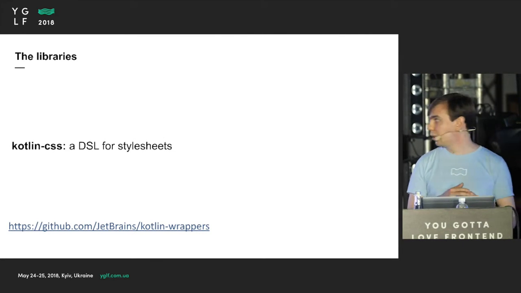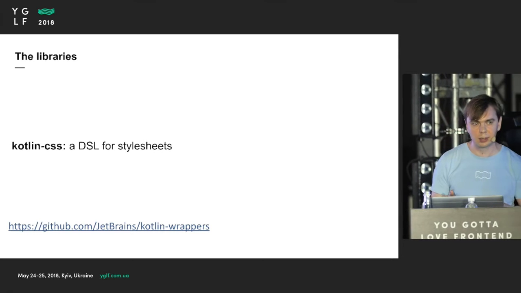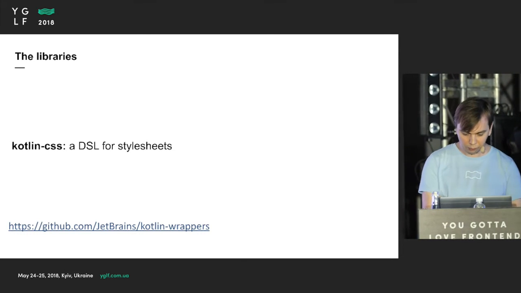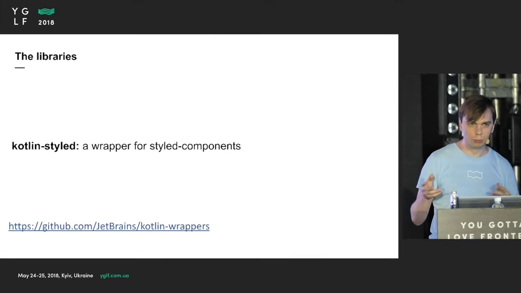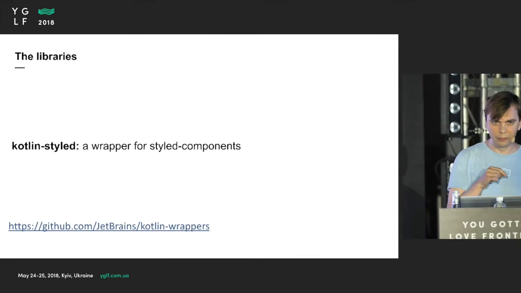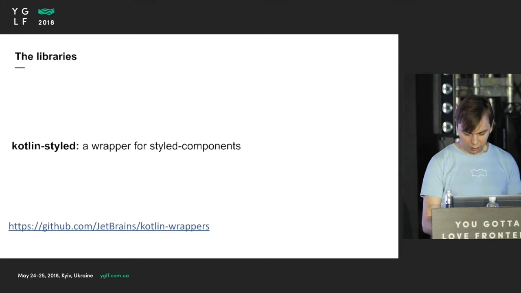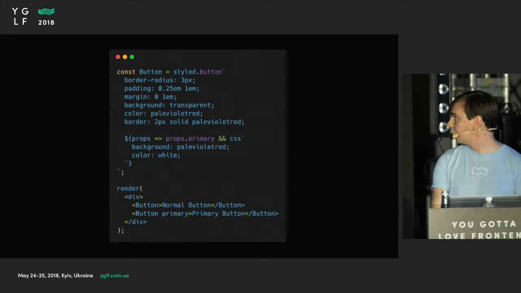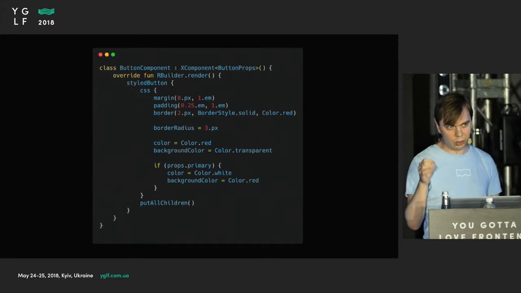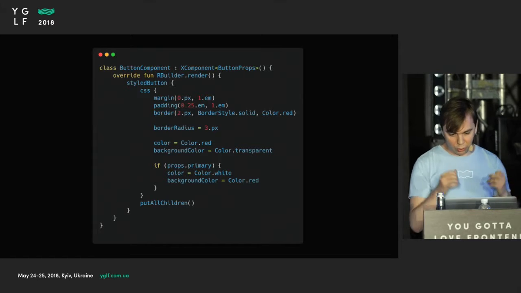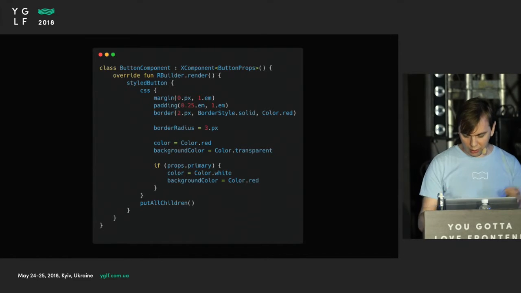And the second library is Kotlin CSS. It's a DSL for creating style sheets. And the third one is called Kotlin Styled. It lets you put those previous two together, as you see on this screenshot. So this uses all three to do the React styled components magic.